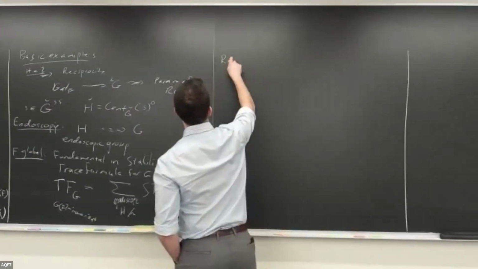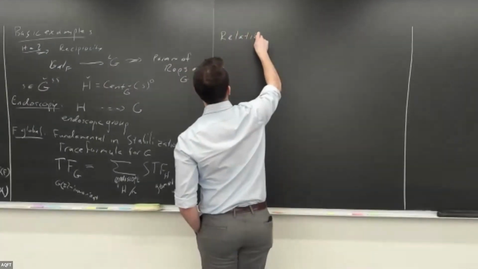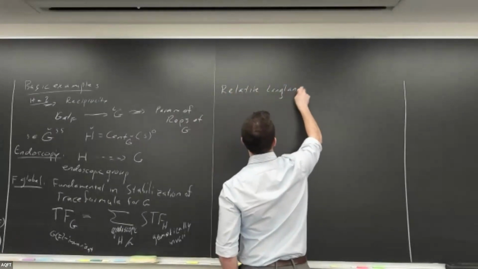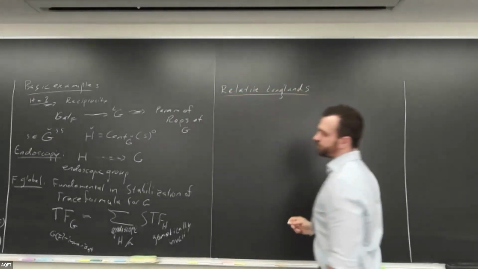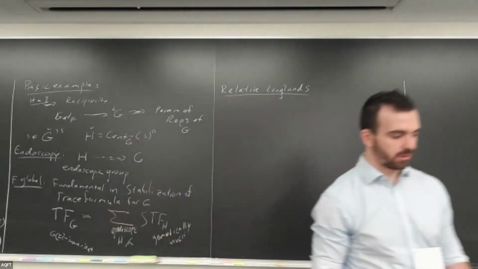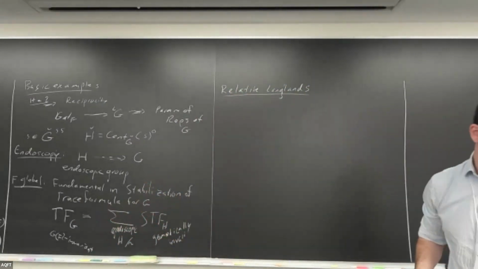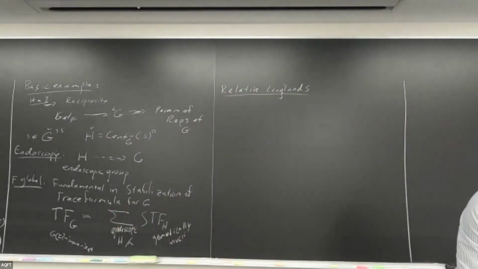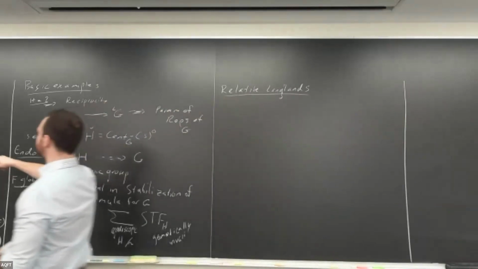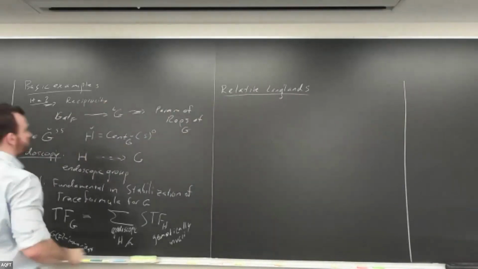What about the context of relative Langlands? Well, I want to front load the perspective of Ben-Zvi, Sakellaridis, and Venkatesh, namely that one should extend this duality of groups G to G check.